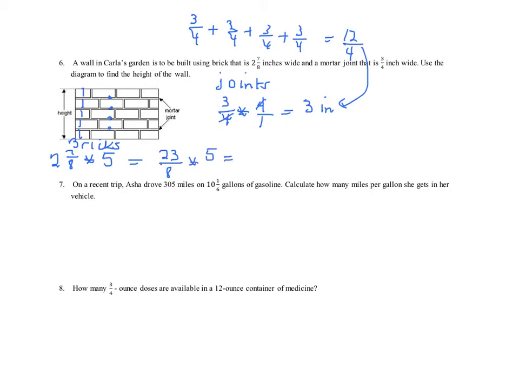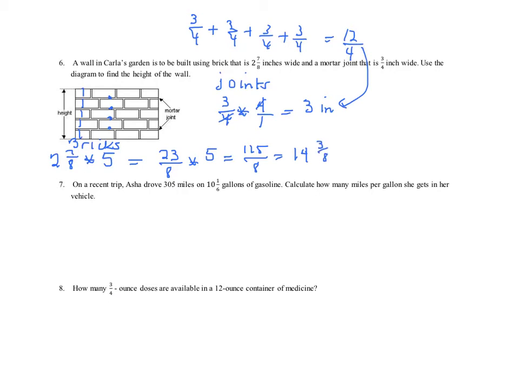And 23 times 5 is 115 over 8. Now if we convert that, 8 goes into 115, 14, and 3/8 left over.